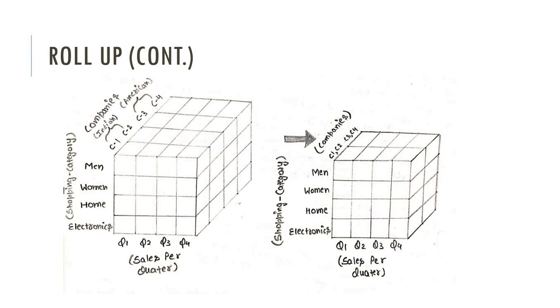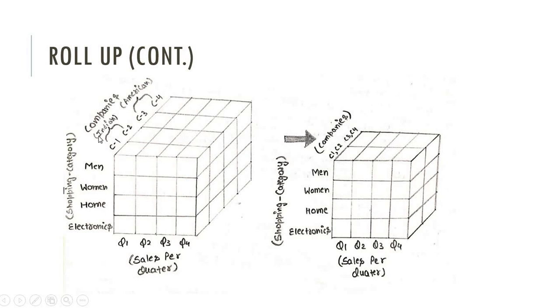So suppose we want to apply the roll-up operation on the companies. We know that C1 and C2 companies are Indian and C3 and C4 are American. So in this example, we roll up location from companies to countries.